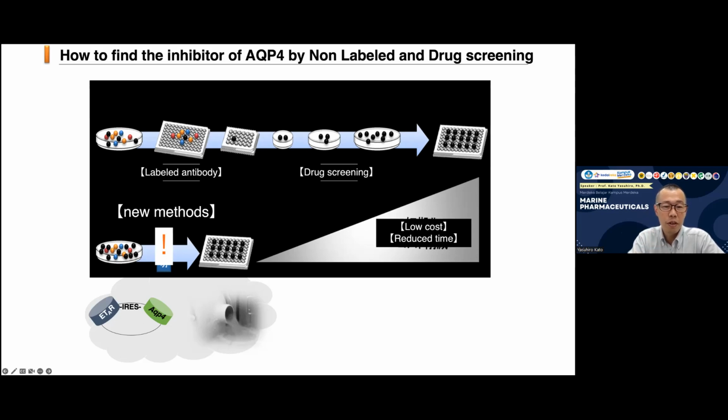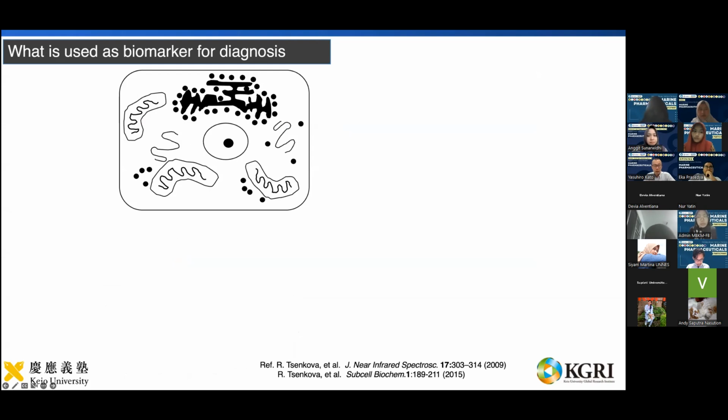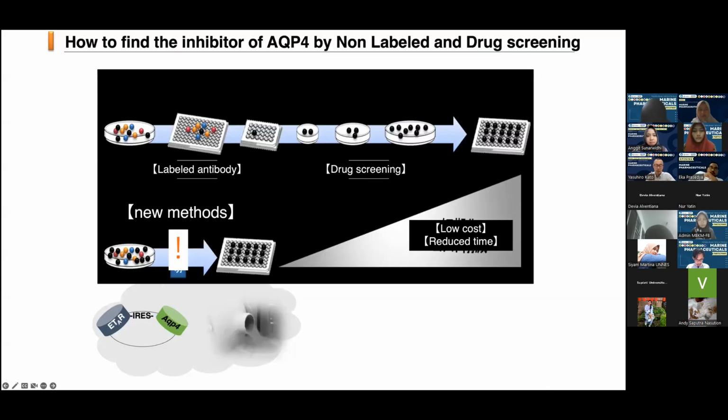With some chemical compound, some inhibitor of AQP4, put it here, and if the cell survives, it means the inhibitor does not function, but if the inhibitor functions, the cell could not survive. So it is very easy to find a chemical compound that has the function of an inhibitor of AQP4. That was the first result of the very simple screening method using quick freezing.